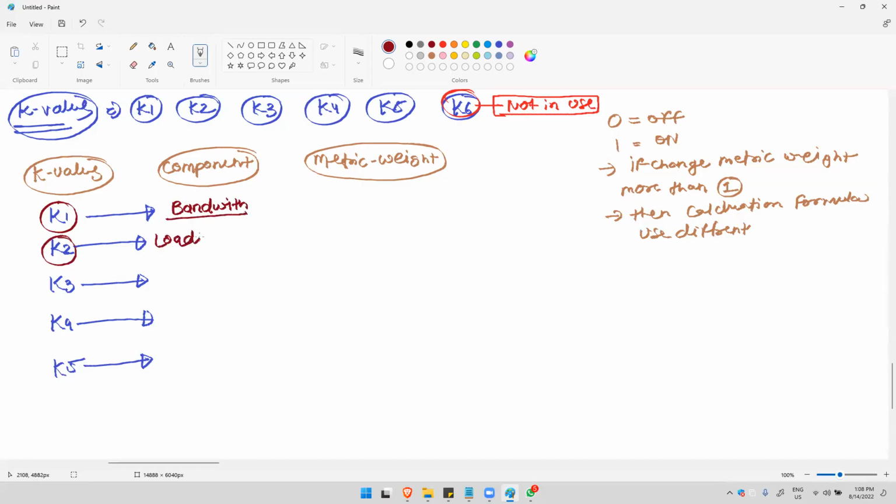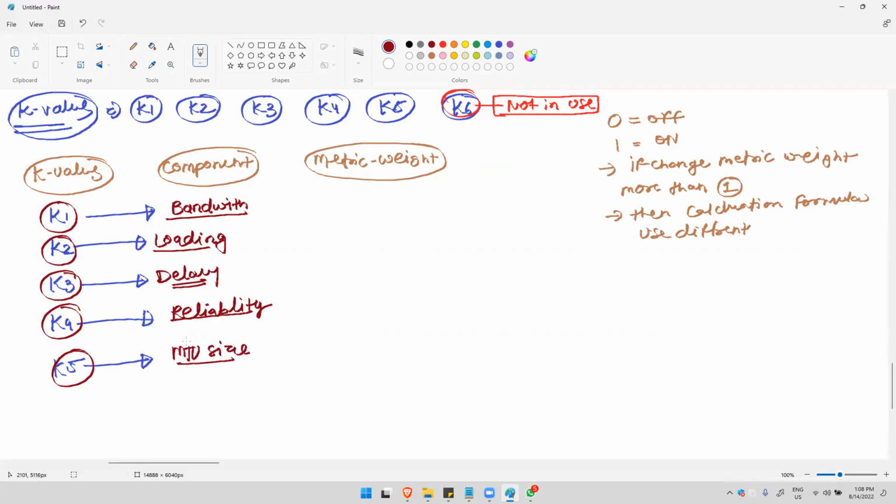K2 means loading. K3 means delay. K4 means reliability. K5 means which information we check? MTU size.